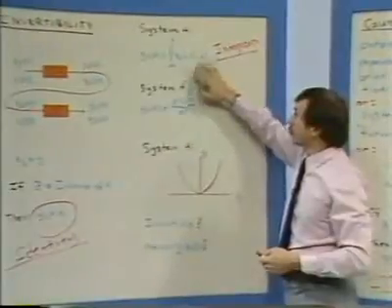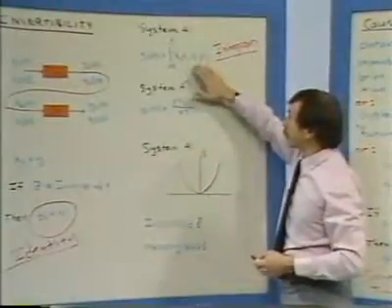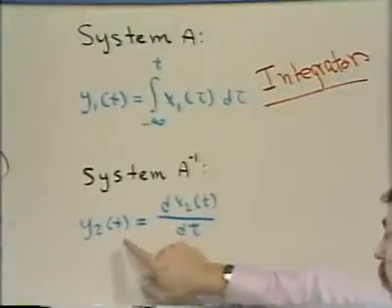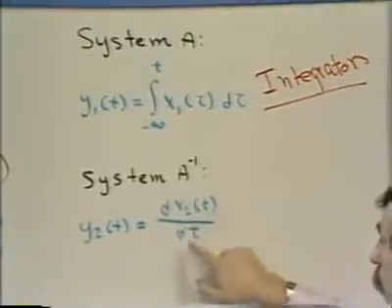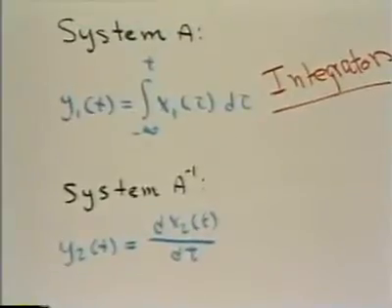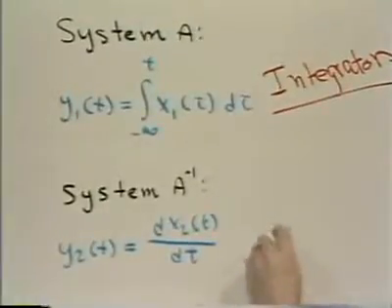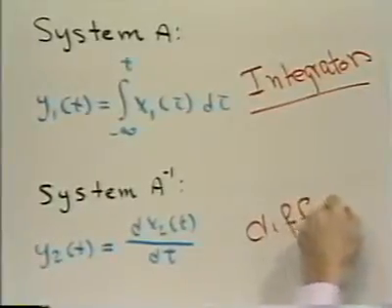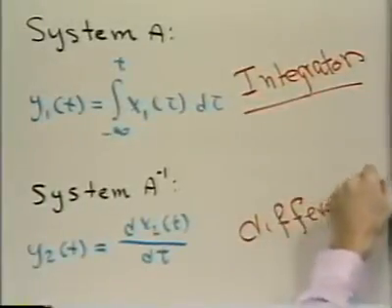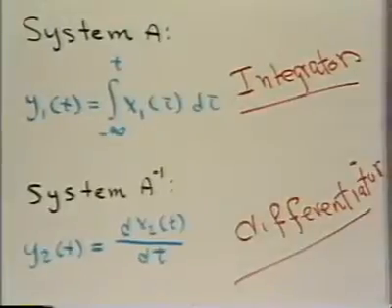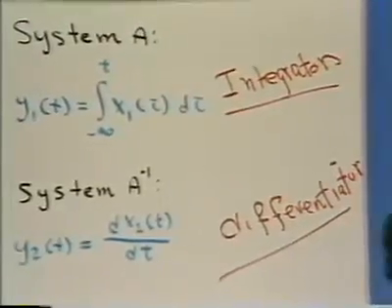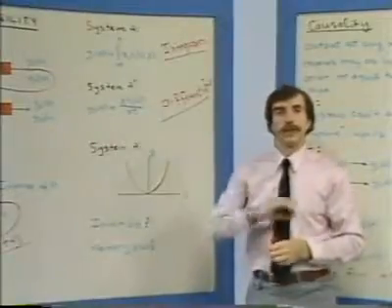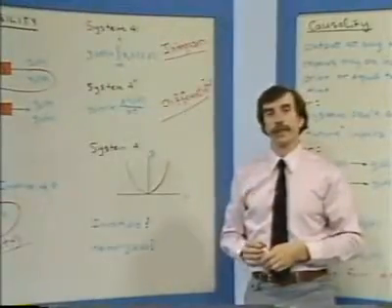So the inverse of system A, if system A is an integrator, is a system for which the output is equal to the derivative of the input, which, not surprisingly, is referred to as a differentiator. So an integrator is invertible. Its inverse is a differentiator.